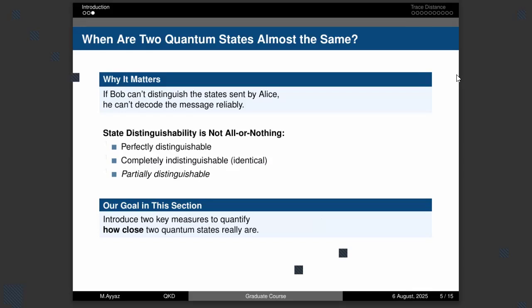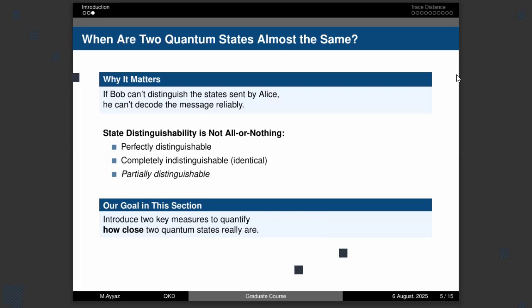But in quantum states, there is nothing like a simple 0 and 1 distinction. Quantum states can be perfectly distinguishable, partially distinguishable, or completely indistinguishable. But from the perspective of Bob, the purpose is to distinguish the upcoming quantum states partially or perfectly.